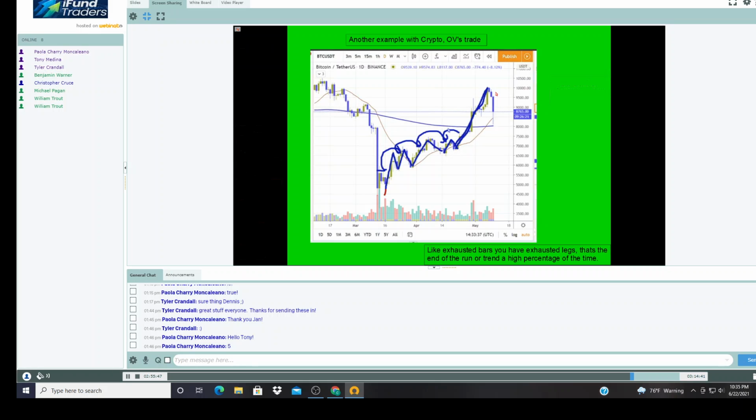But this time it's with legs instead of the bars. This whole last leg here rolled over. This happened to be 1, 2, 4, 5 legs up, right? And then it just rolled, extended fifth leg, rolls over.